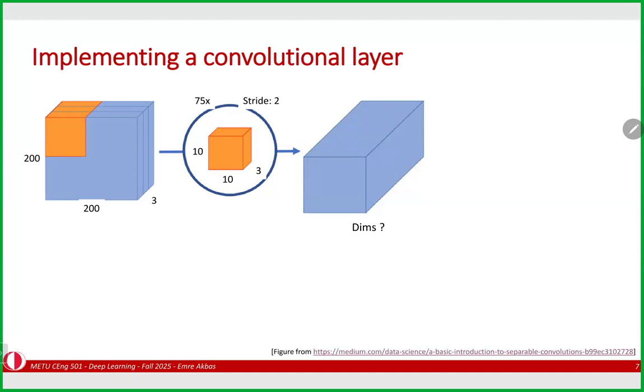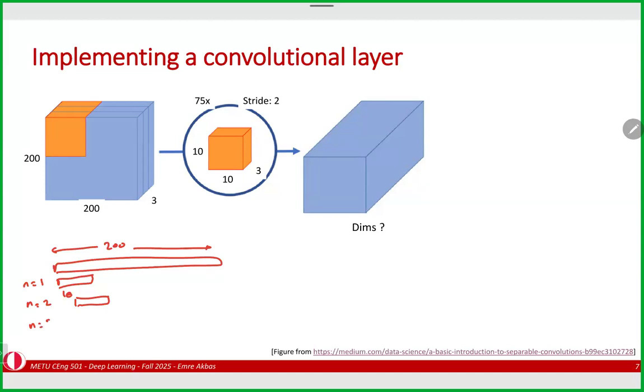Yes, it's around 200 divided by 2 because of stride 2, but let's be exact. I don't want to memorize formulas, but this is 200 and my kernel is 10, right? And at each step, I move it by 2 locations. So this is n equal to 1, let's say n equal to 2, n equal to 3.